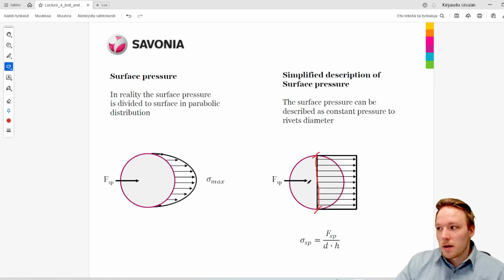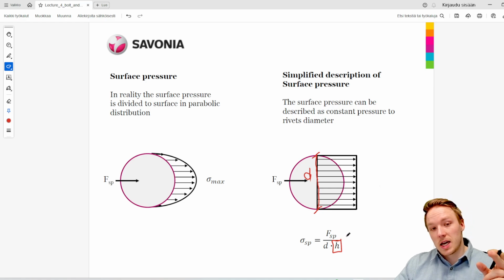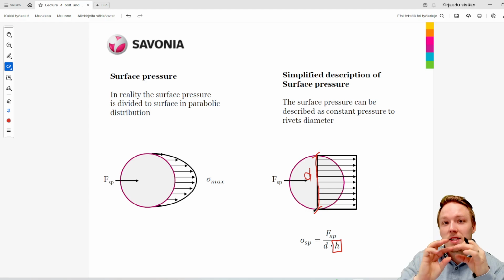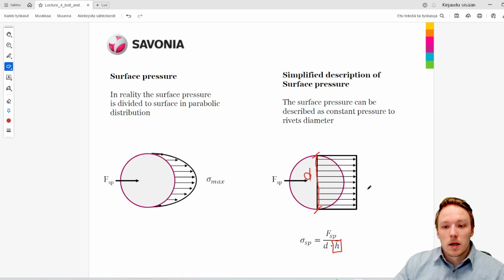So in this example, this would be the diameter d, and then h will be the length of the part, or in this case the length of the bolt which is inside the plate. Also, this topic will be discussed in more detail when we do the examples, so you will understand this topic a little better.